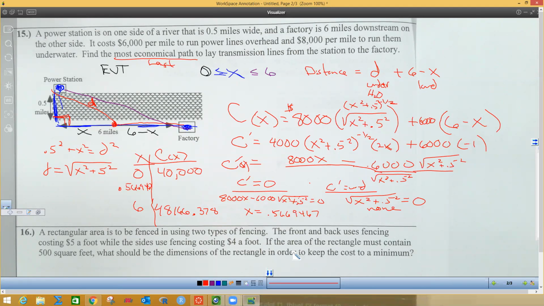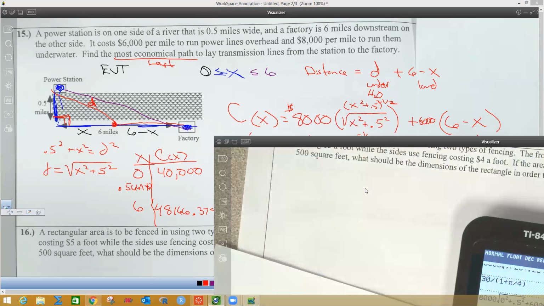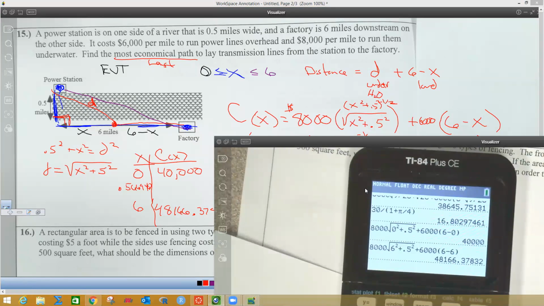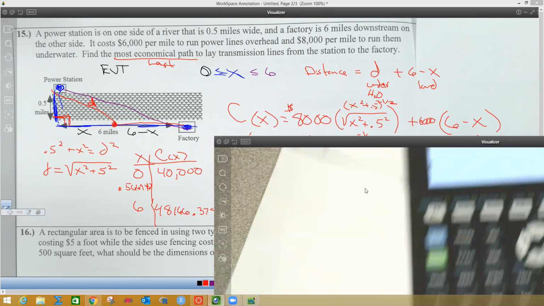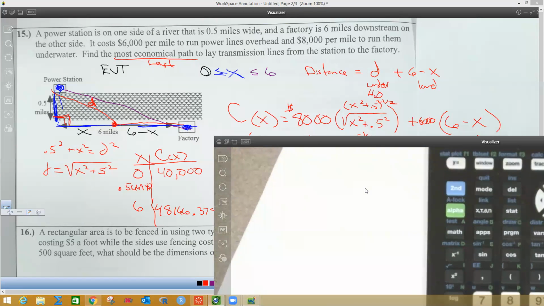And then I want to show you something else. I don't know if you remember, but on the calculator, the X value was that decimal number that I found, 0.5669467. I'm going to show you the X value is the green value right here above store. There's an X. Wait a second.